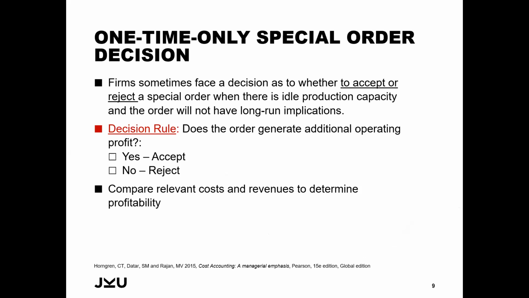All right. Then we are already at the one-time only special order decision. What does it mean, a one-time only special order? That would mean that we have companies who on a regular basis have their regular production and sell their products accordingly.